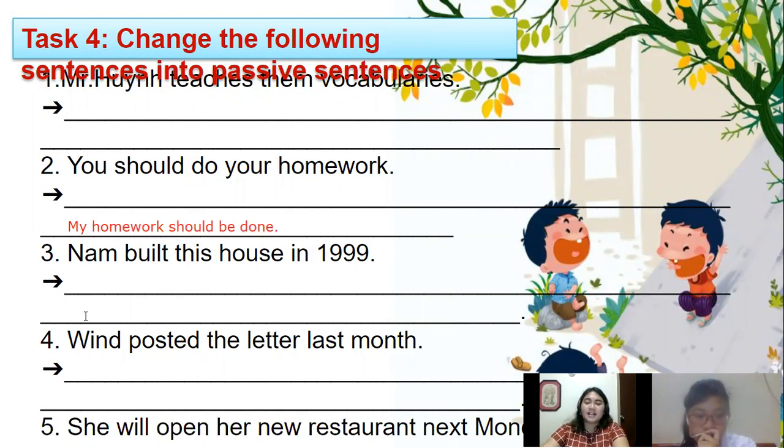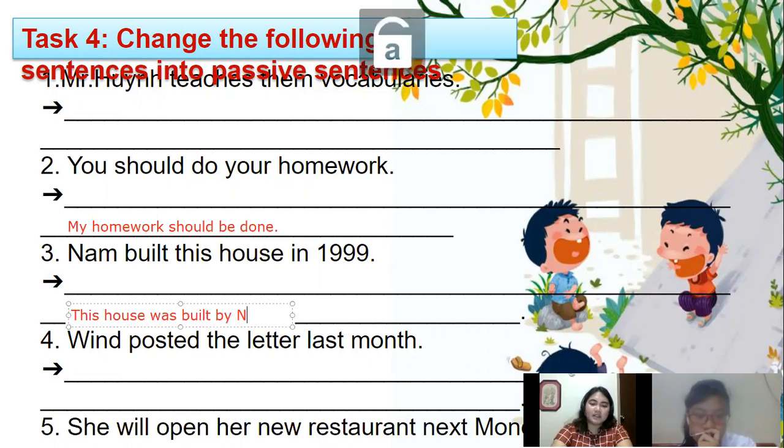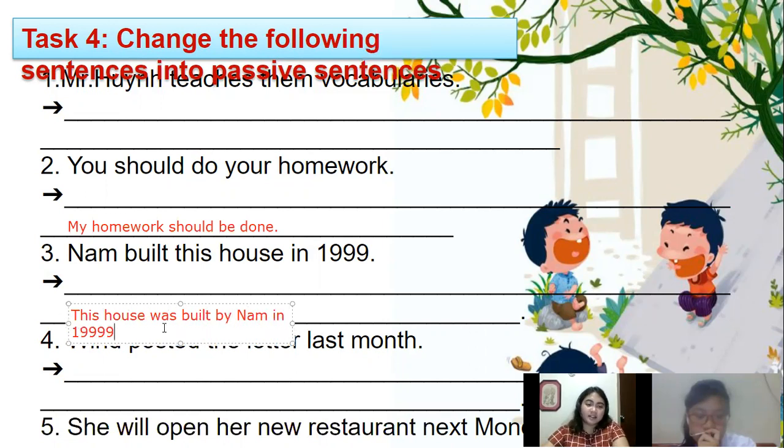Nam built this house in 1999. This house was built by Nam in 1999. All right? Another one.